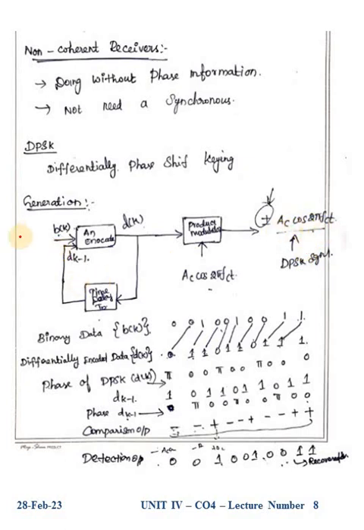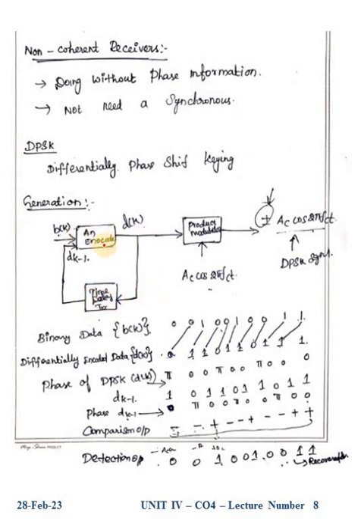The basic operation is that the input bit stream is given to the encoder, which produces a non-return to zero bipolar bit stream. Then the output of the encoder is given to the time delay unit, where one bit period delay is introduced for every bit.